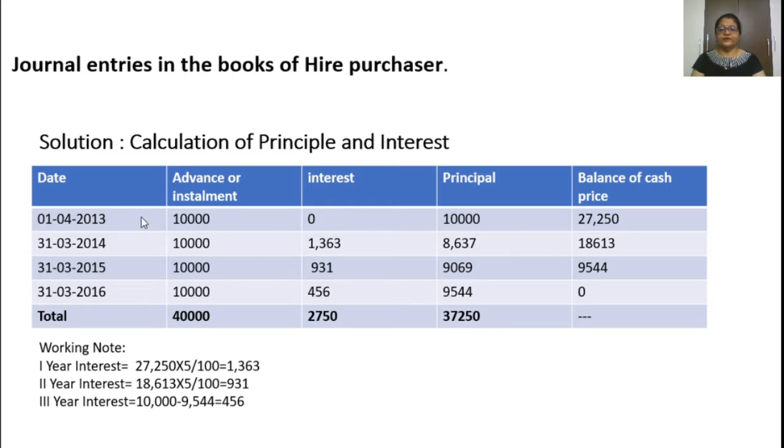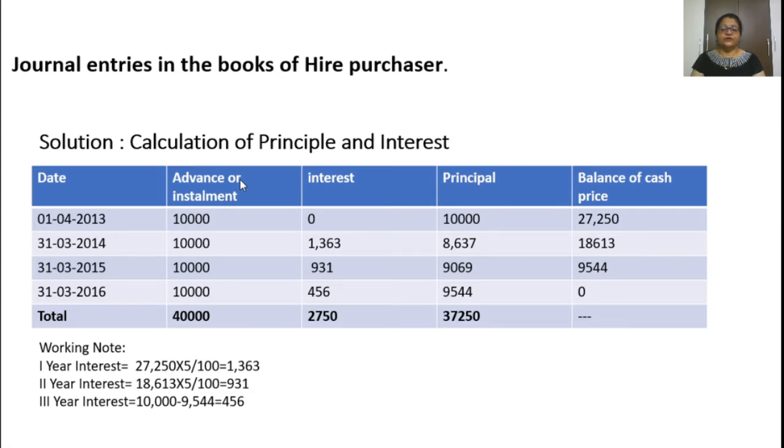First write the down payment, 10,000. Then write all the installments in the installment column. So 10,000 down payment and 3 installments of rupees 10,000 each.